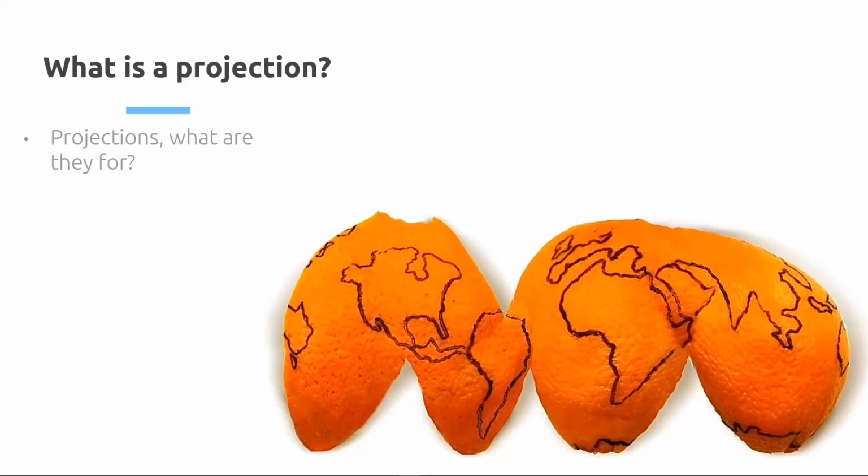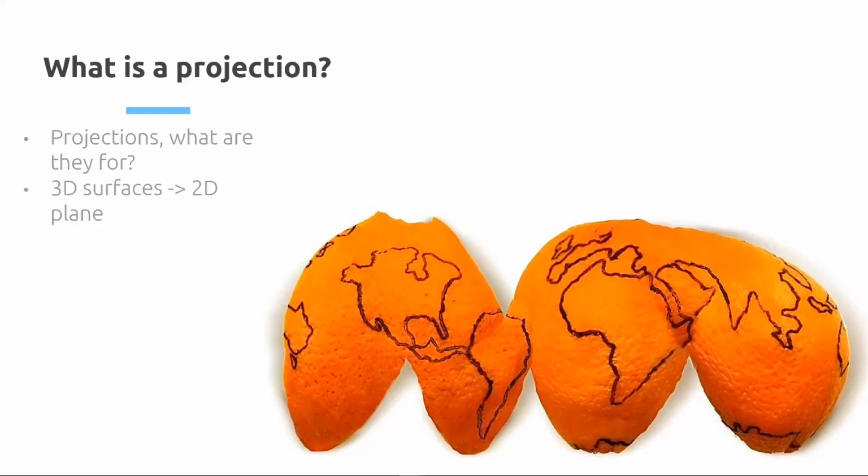And modern maps actually have to have projections. You can't really even create a map, especially not using GIS, without a projection. So they're really the first step to creating an accurate map.